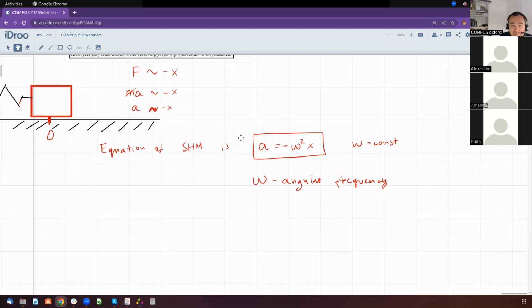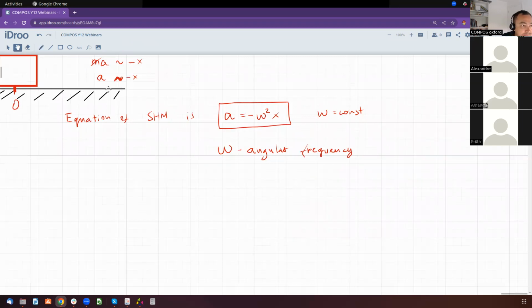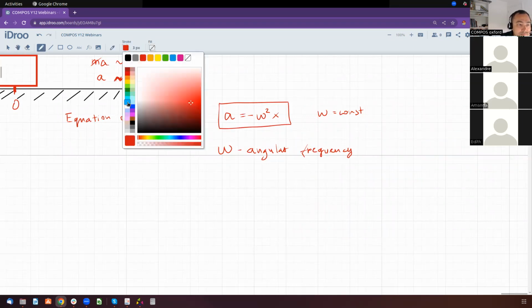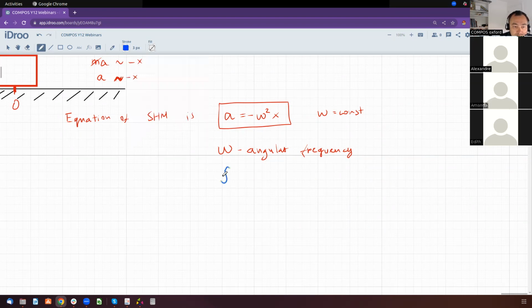Now, f is frequency. Frequency is how many oscillations per second, right? How many oscillations per second?